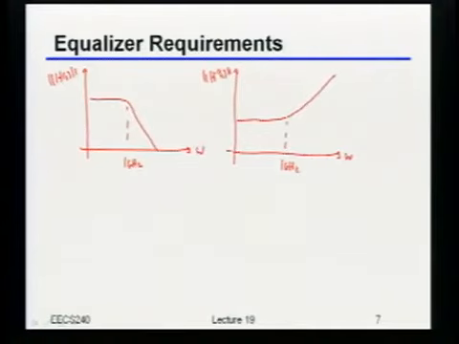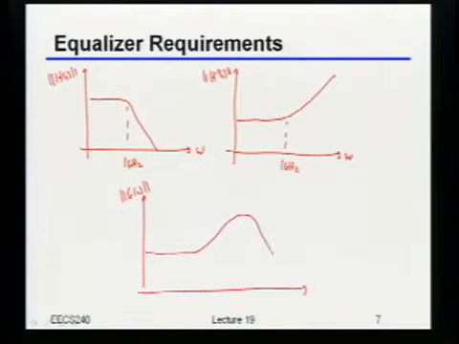So instead, what's the real thing that I can actually build? Let's call that G of S, which is just my real equalizer. And what that's going to look like is something like this. Something like that, okay? So that point right there, where you get the zero, is going to be 1 gigahertz.